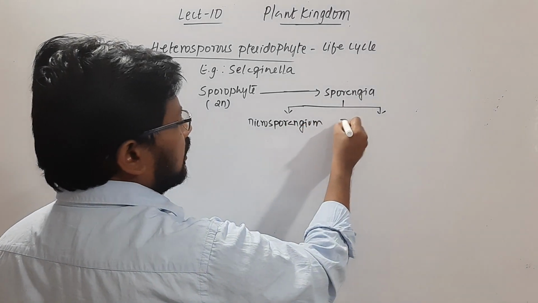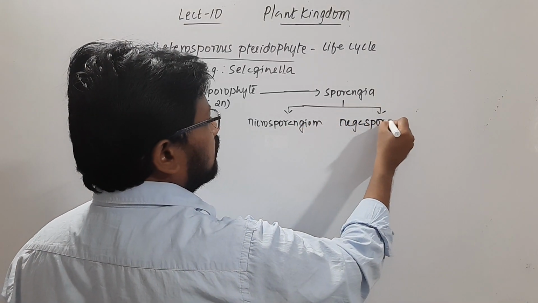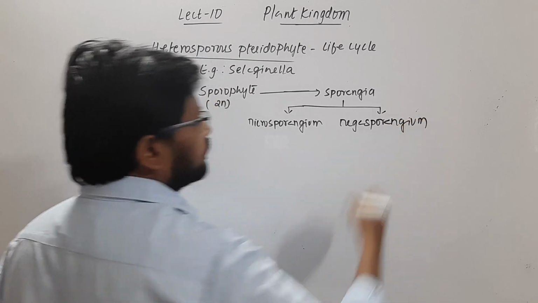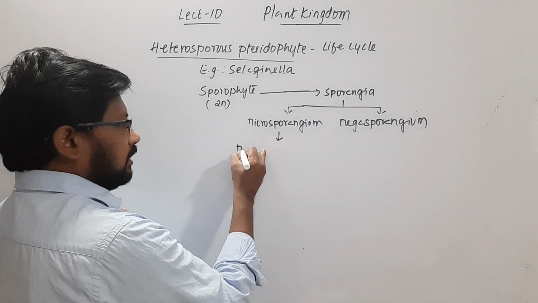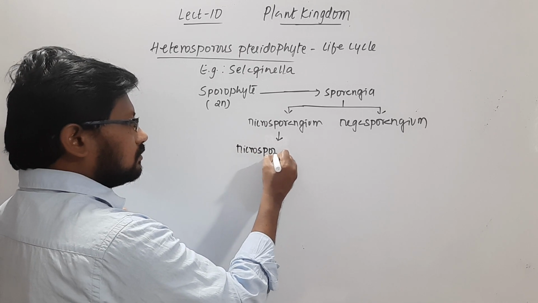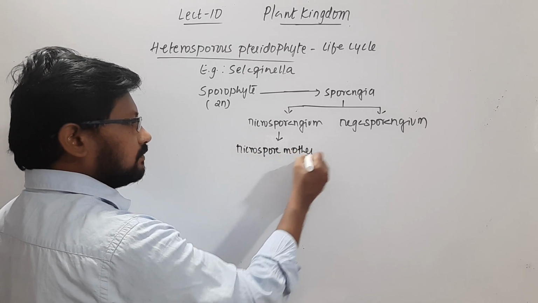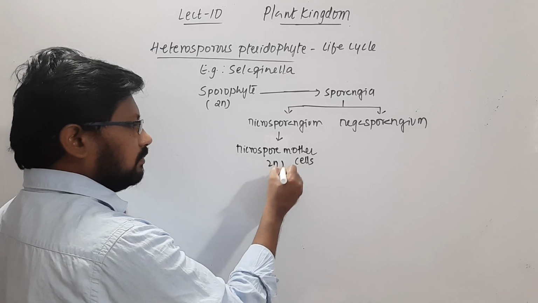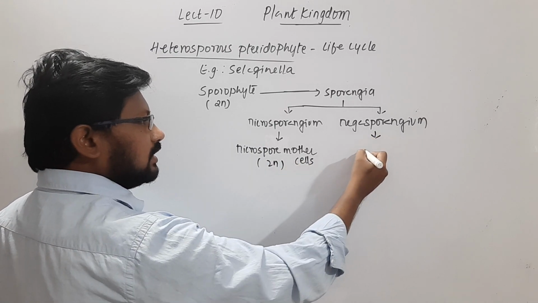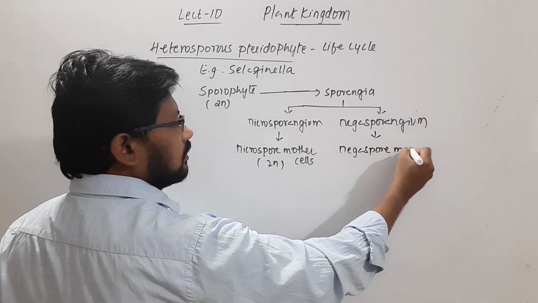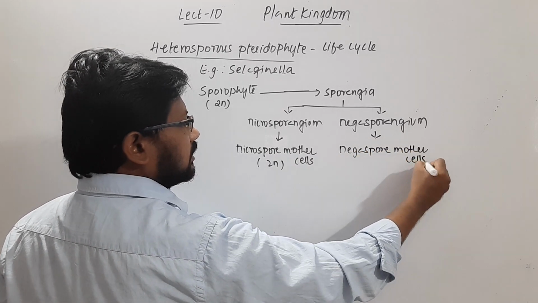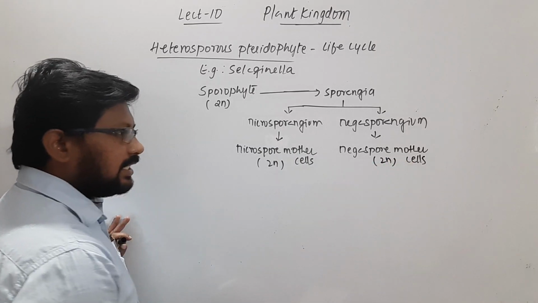The microsporangium will have microspore mother cells, which will be diploid in condition, whereas the megasporangium has megaspore mother cells, which are also diploid in condition.